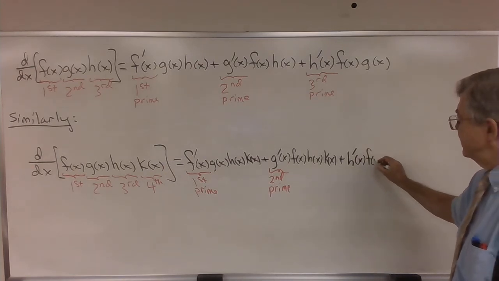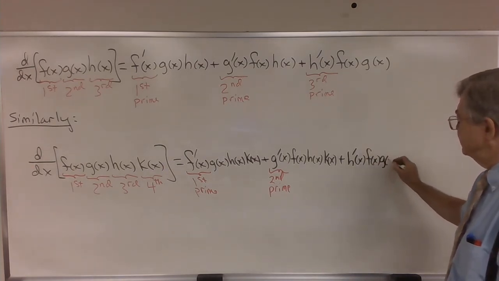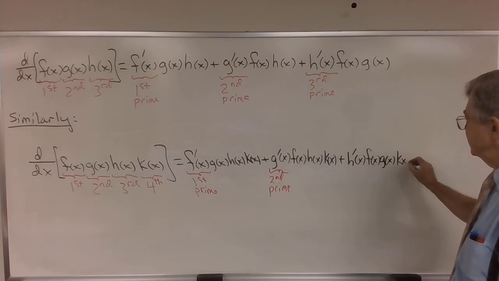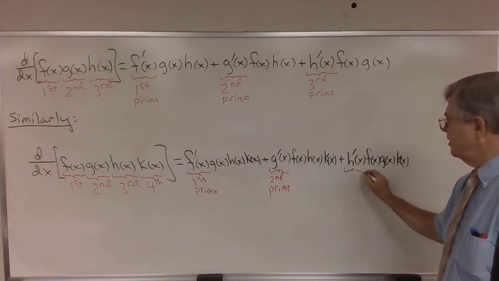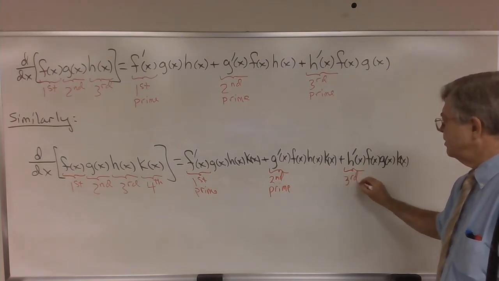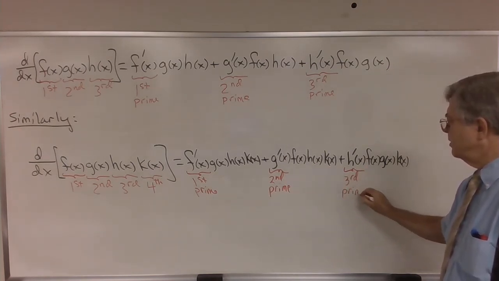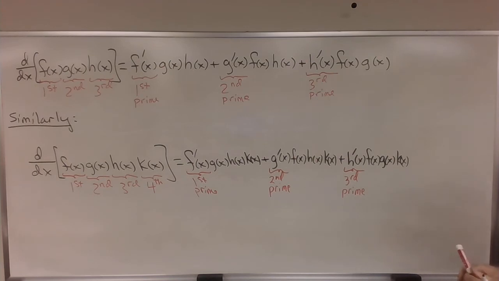So that's f of x, g of x, k of x. And then finally, fourth prime. So that's k prime of x times everything else. f of x, g of x, h of x.